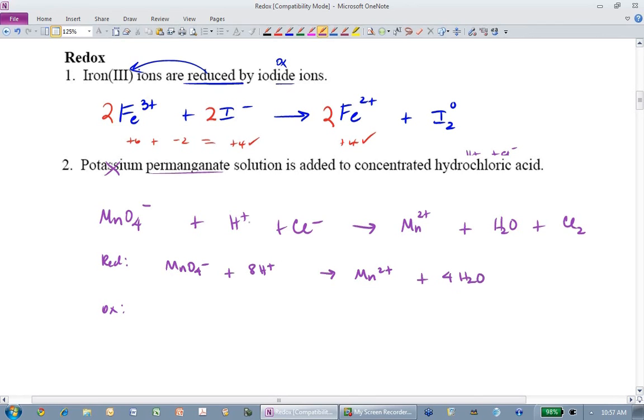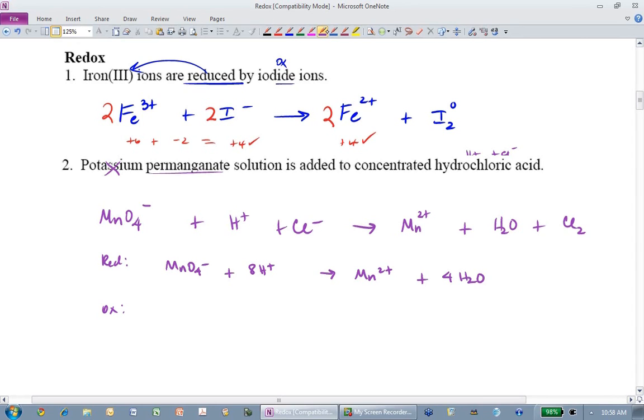All right, so I'm going to now balance by charge. So plus 8 H+ with the minus and a Mn2+. What have I got going on? I have plus 7 on the left total, plus 2 total on the right, and reduction is gain, the RIG part of OIL RIG, so I'm going to gain some electrons.